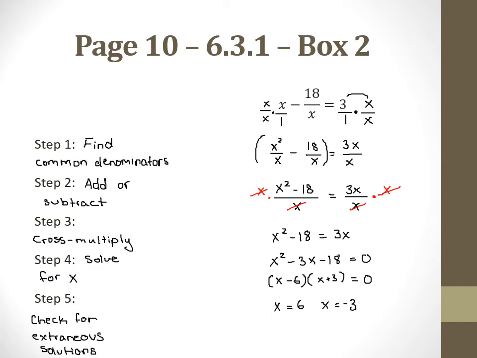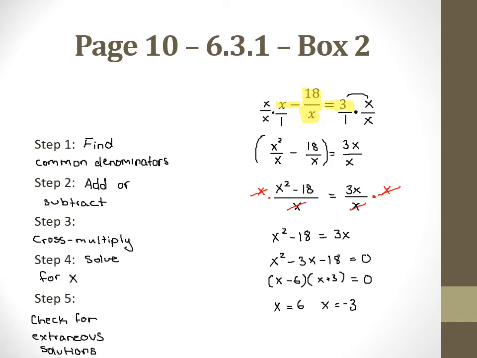So step 1, find common denominators. Step 2, add or subtract. Step 3, cross multiply. Step 4, solve for x. And now we must go back to the very beginning and do step 5, check for extraneous solutions. So going back to my very starting equation, x minus 18 over x is equal to 3.